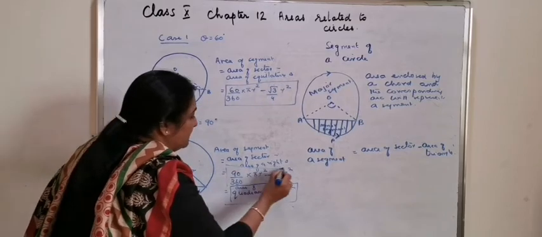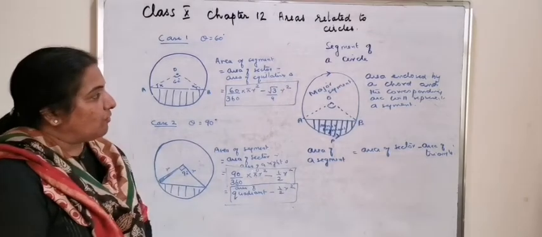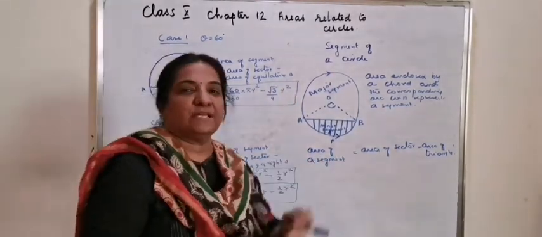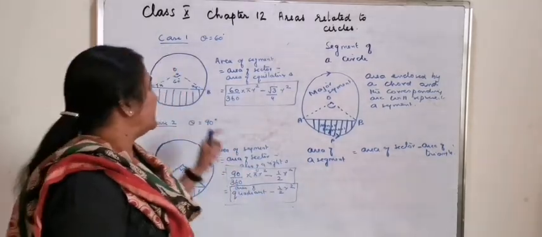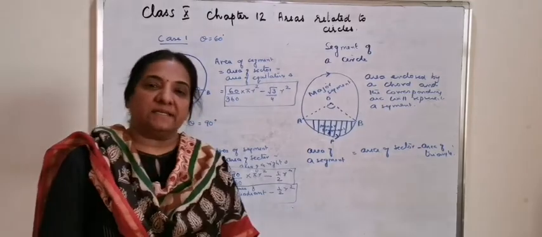You can study both ways. Thus, area of a segment is area of sector minus area of triangle, and the two different cases when the angle is 60 degrees and 90 degrees are derived.